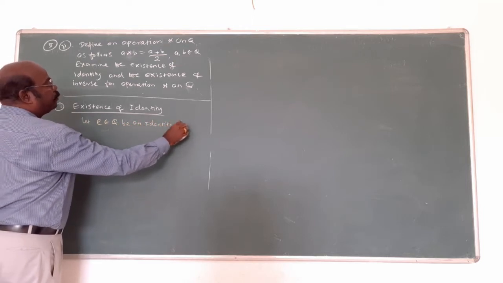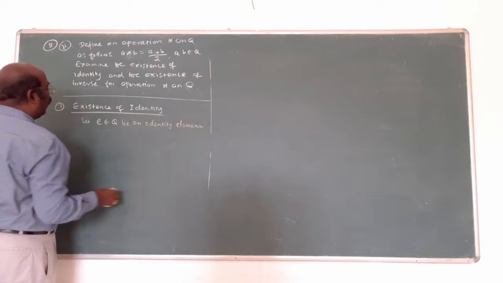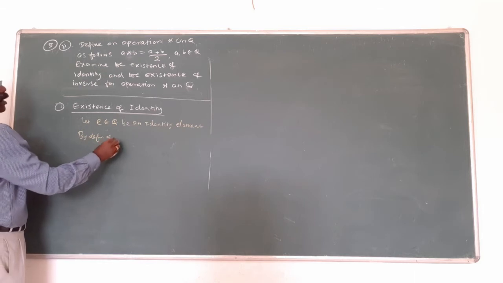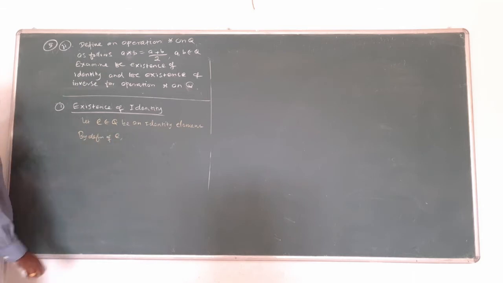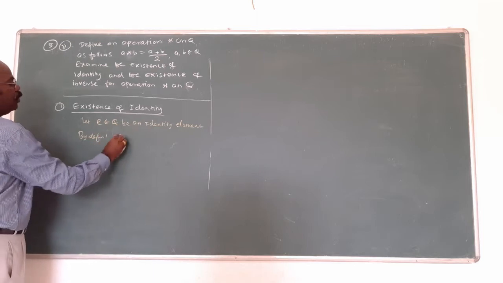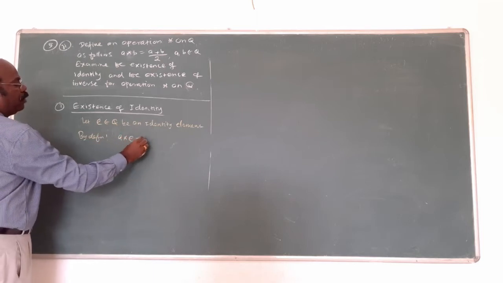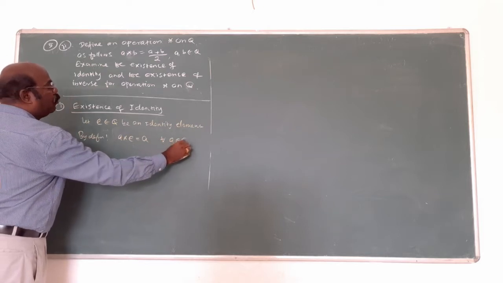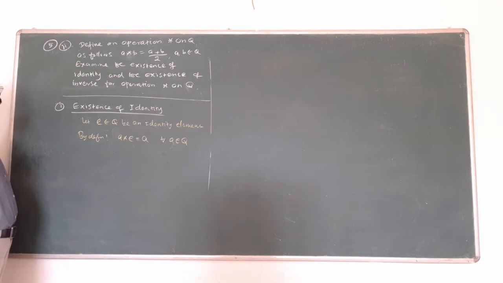By the definition of identity, what is the formula I told you? a star e equals a for all a belongs to Q. This is a formula, very important.